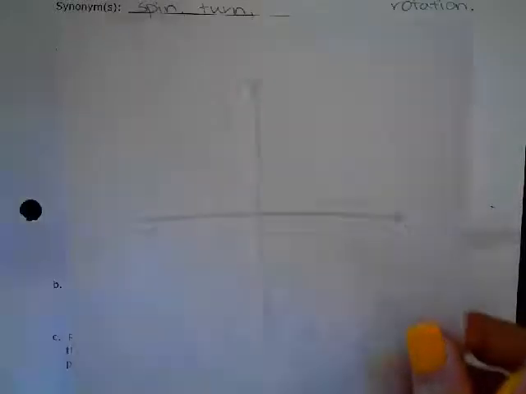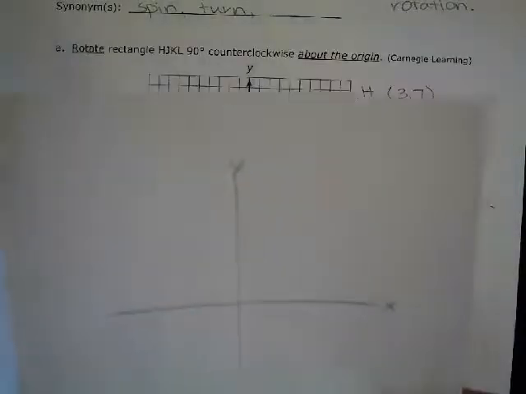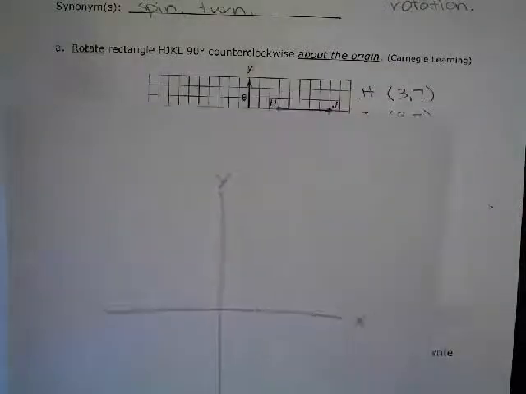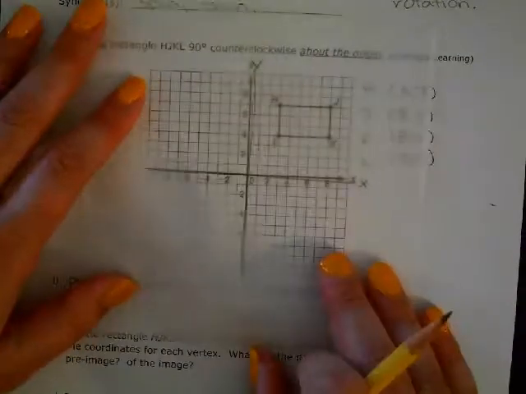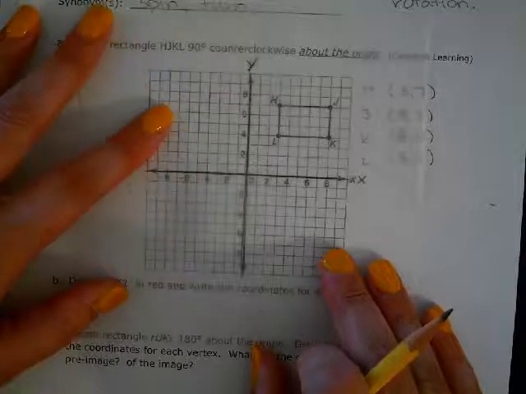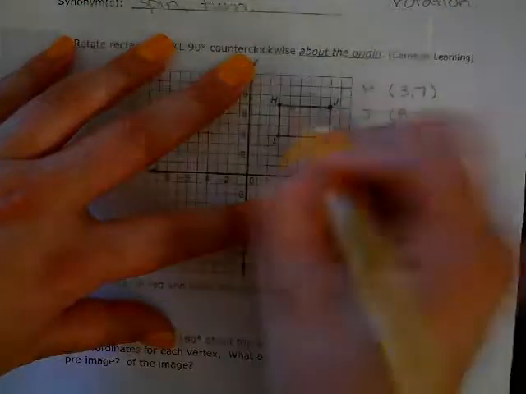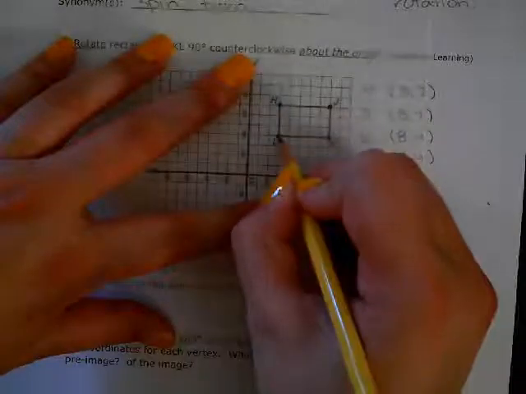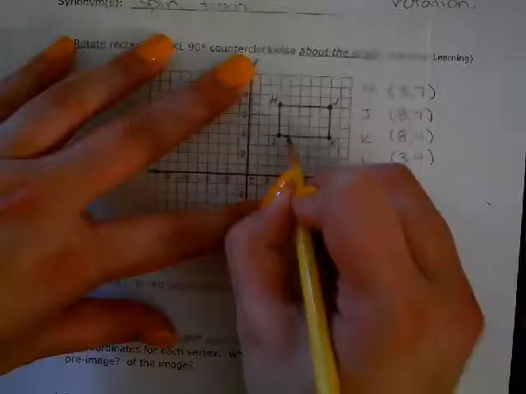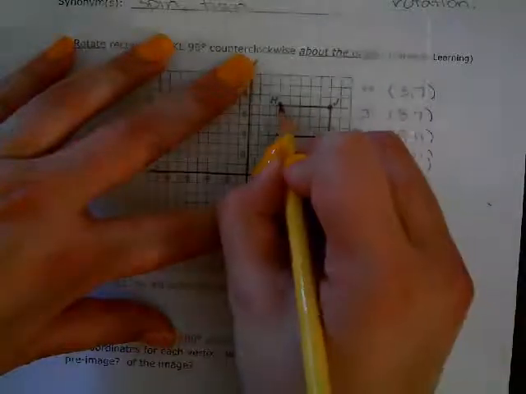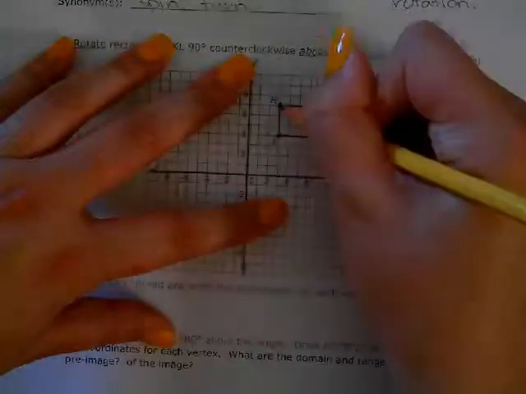Everyone see that? It doesn't matter if you're using a color or not. You're just tracing it. Use your pencil. We are not using the colors yet. And then we are tracing the rectangle. And this is the original shape. Does anyone remember what the original shape is called? Pre-image.